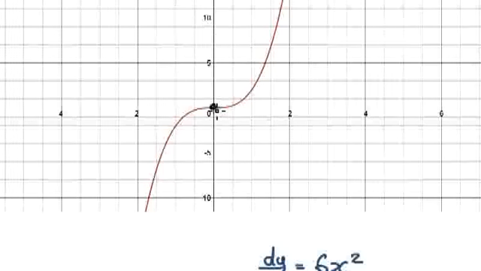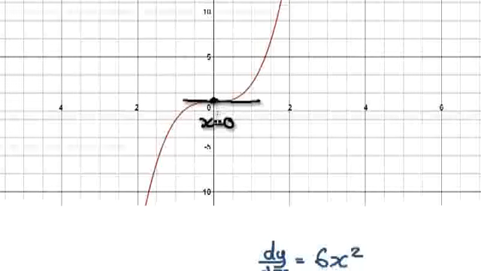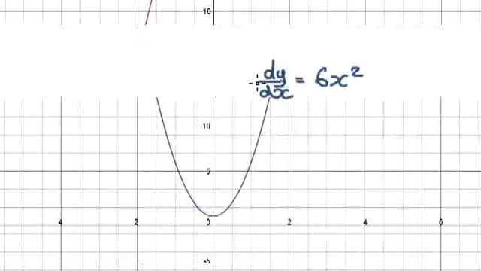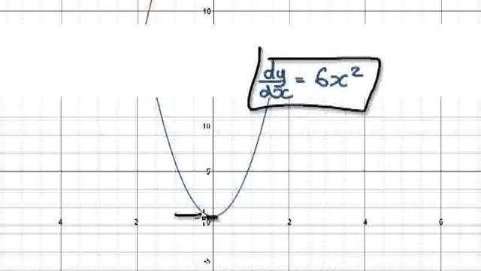Now, if you want to find out the gradient at x equals 0, you look at your gradient graph, and at x equals 0, the straight reading is 0.